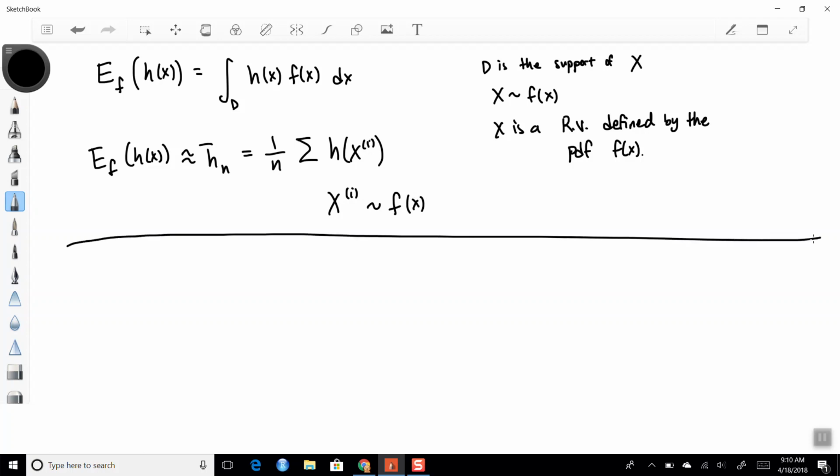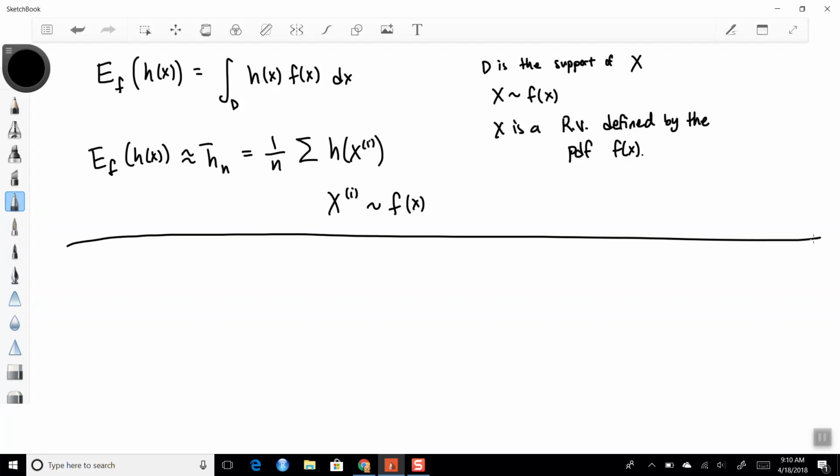Well, we could have other functions. We can have another integral that maybe can be rewritten in the form of a PDF of a different random variable, not a uniform random variable but a different kind.